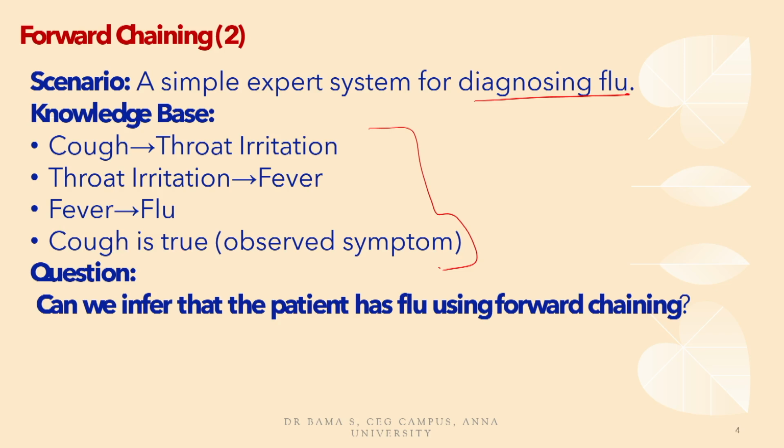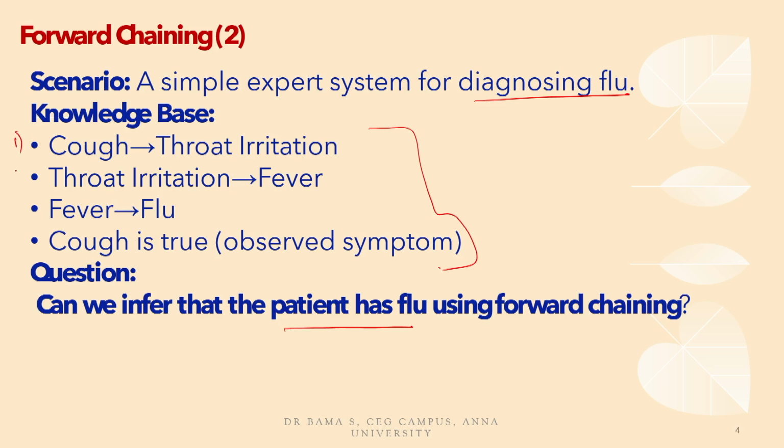Now, can we infer the patient has flu, again using forward chaining, and within the logic we will again be using the same rule of modus ponens. So, how do we do that? I will just name the rules as 1, 2, 3, 4 so that we can refer to them using those numbers.